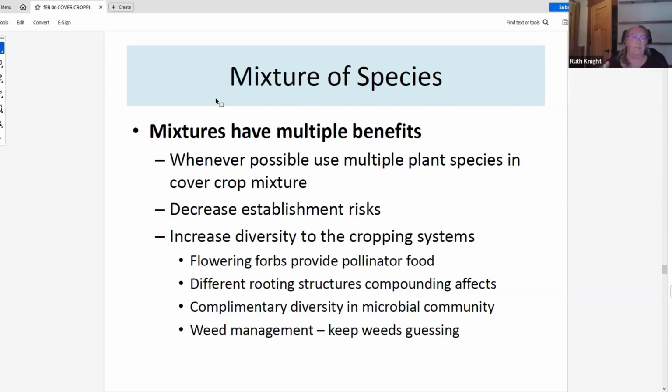So it helps in terms of the overall weed management. So we've talked about allelopathy in terms of rye, just that chemical that is exuded from the roots that suppresses some seed germination or other plants. And there's more to the weed management in terms of taking away that niche where weeds can get established.